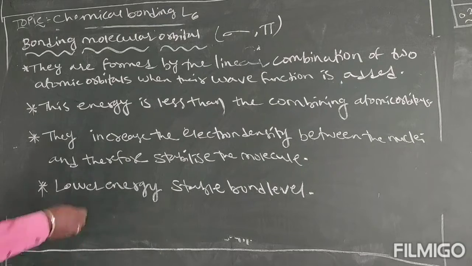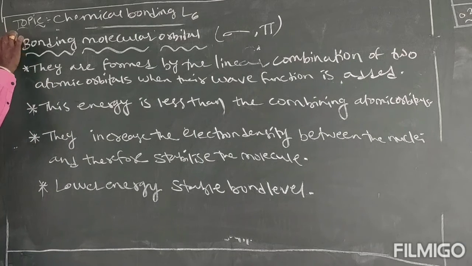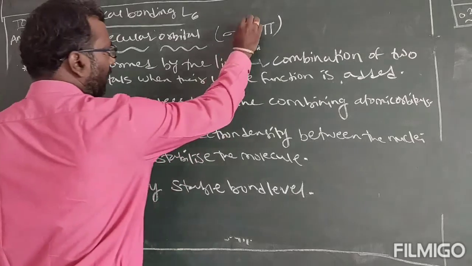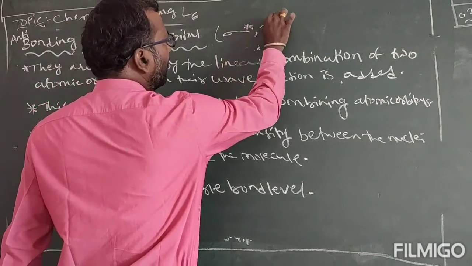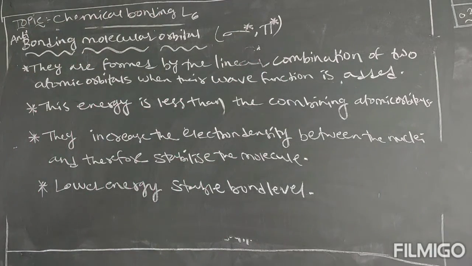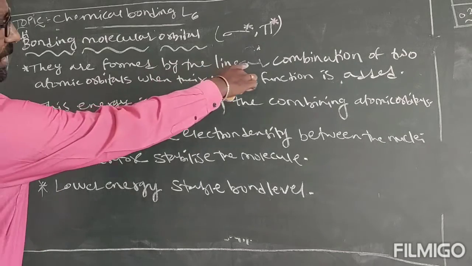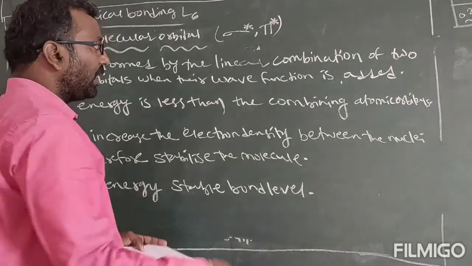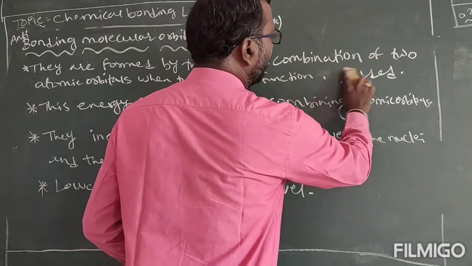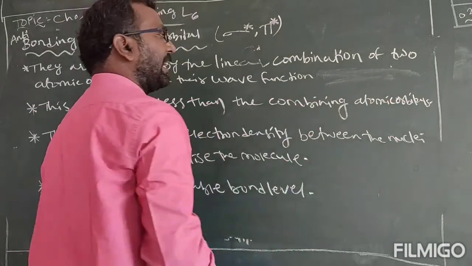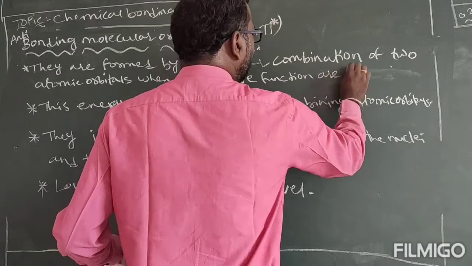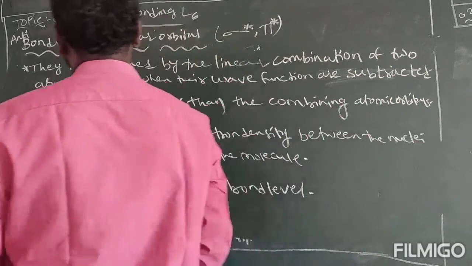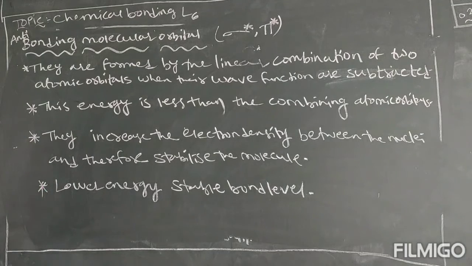Now we will be seeing about the anti-bonding. Just add the word anti-bonding molecular orbital. It will be like this. Now the definition: they are formed by the linear combination of two atomic orbitals when their wave functions are subtracted. Then they will form the anti-bonding molecules.